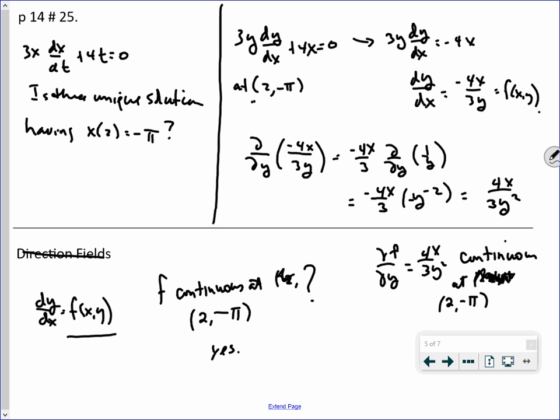So by the previous theorem, theorem 1, you have a unique solution.